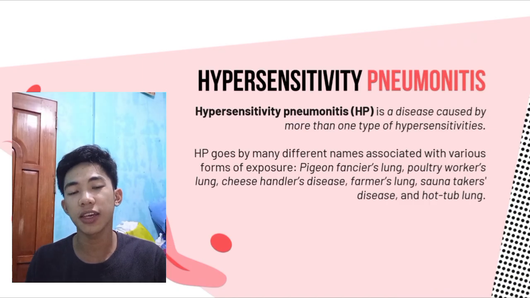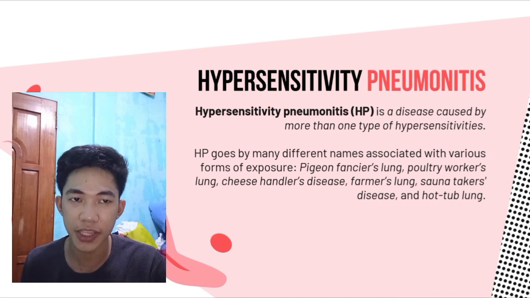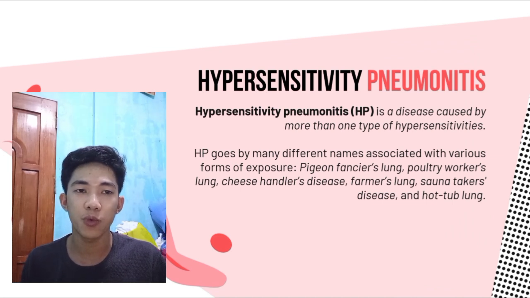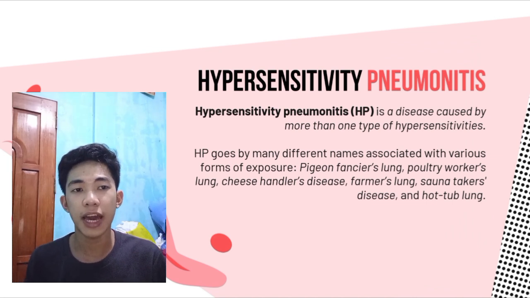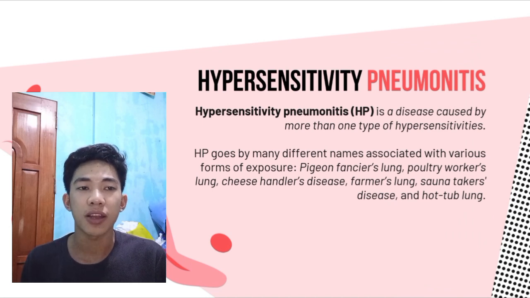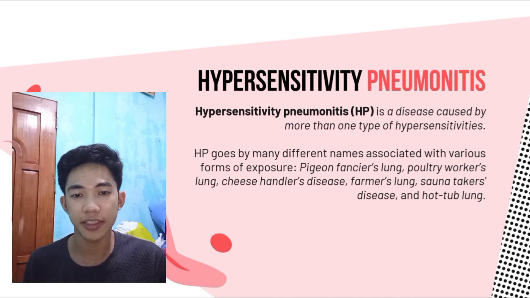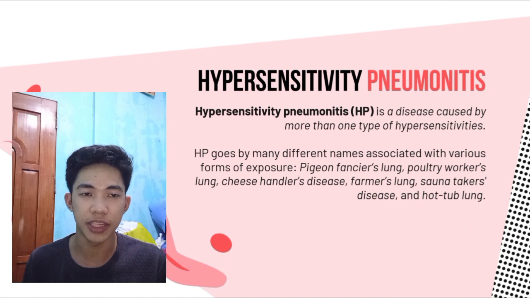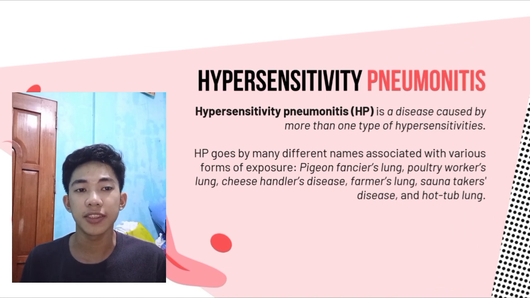Now we're done with talking about the types of hypersensitivities. Now we have another concept called the hypersensitivity pneumonitis or HP. It is a disease caused by more than one type of hypersensitivities. So a combination of types of hypersensitivities. This disease goes by different names associated with various forms of exposure.